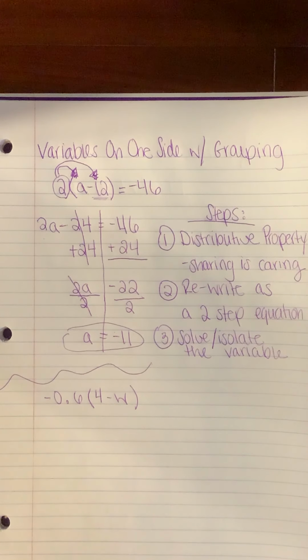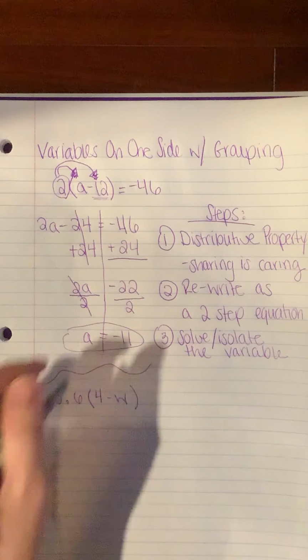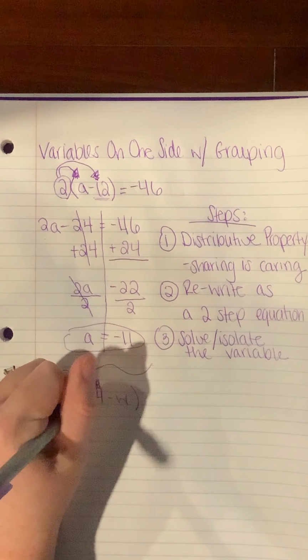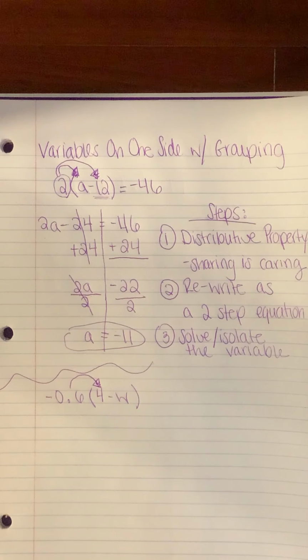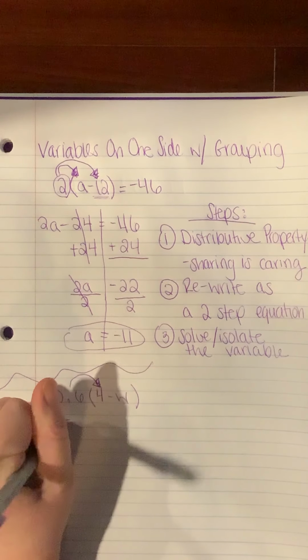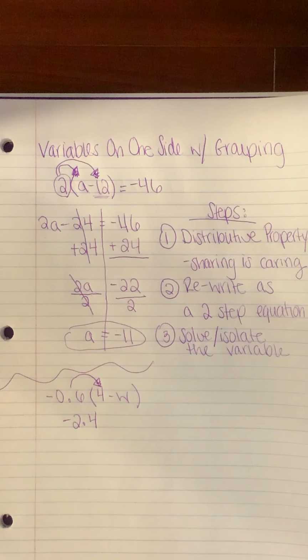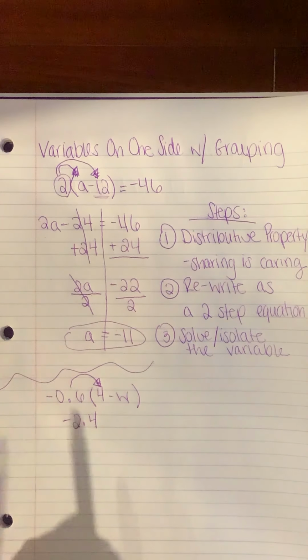All right, step 1, let's do our distributive property. Sharing is caring, so I need to multiply my negative 0.6 to 4. When I do that, I get negative 2.4, because from 7th grade, I remember that a negative times a positive is negative.